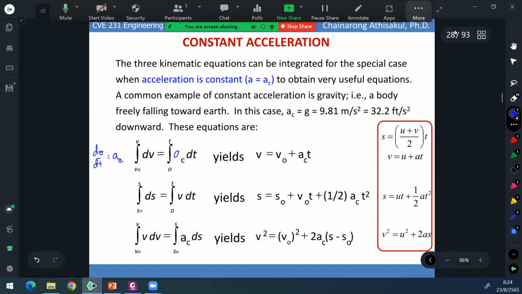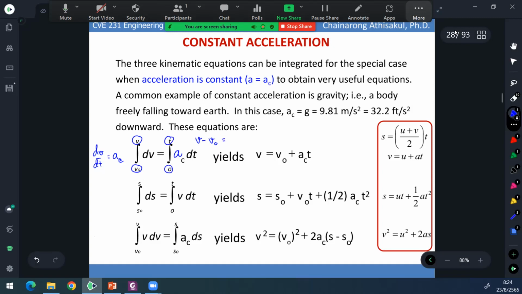we can integrate both sides of this equation, from time equal to 0 to time equal to t. At time equal to 0, velocity is v0, and at time equal to t, velocity is v. The left-hand side, integrating dv from v0 to v, gives v minus v0.